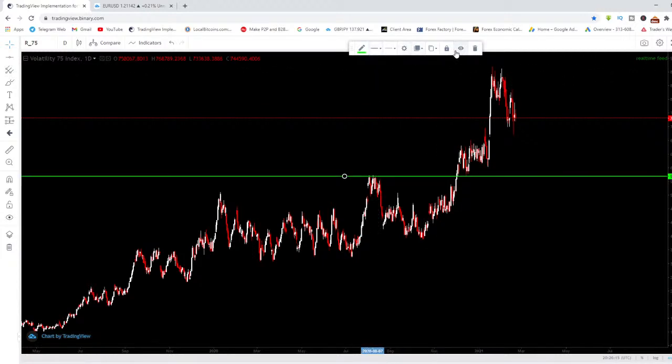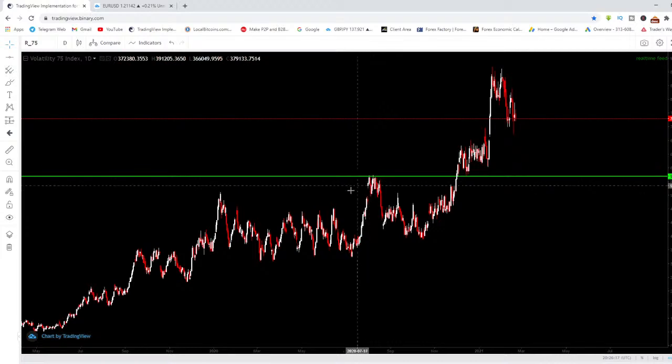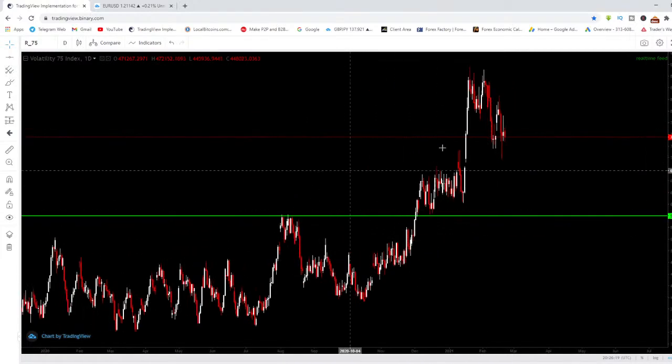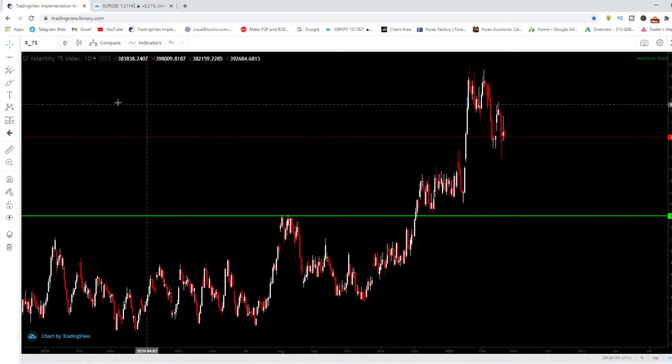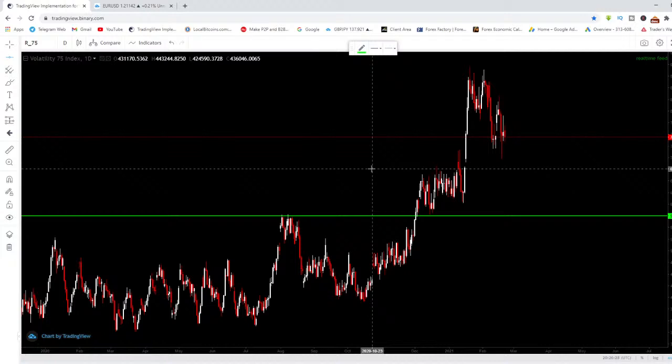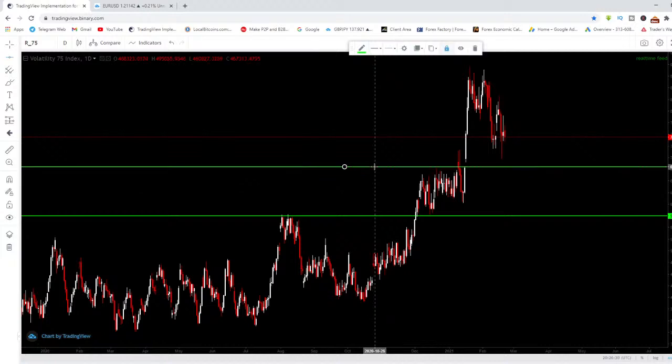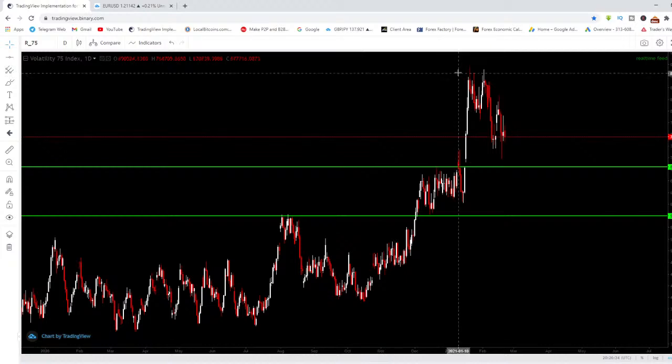Let me increase it a little bit. All right, so this is my resistance and acted as support, and now it's going up to the upside, right? So now I will still put another one to be around this zone, and also I'll put another one around this zone, right?